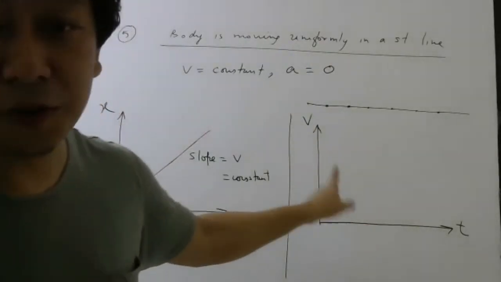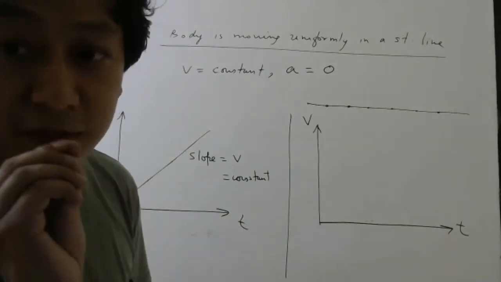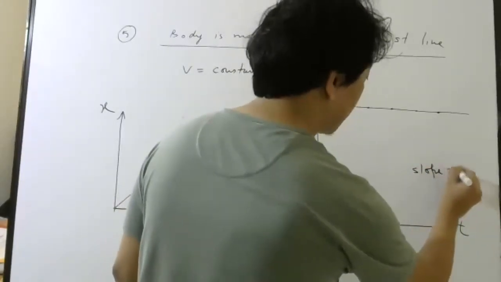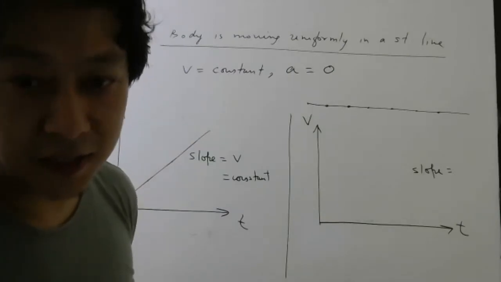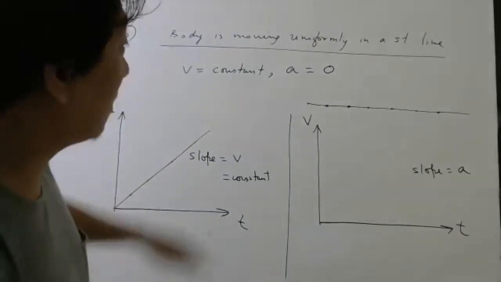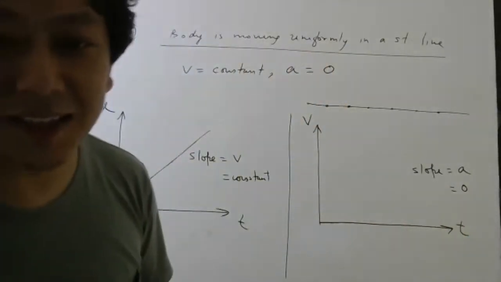Now I am trying to draw vt graph. Be careful students. Always think in terms of slope. What is slope of vt graph? In letter, slope of vt graph is acceleration, right? And what is acceleration here? 0. So your tan theta should be 0.